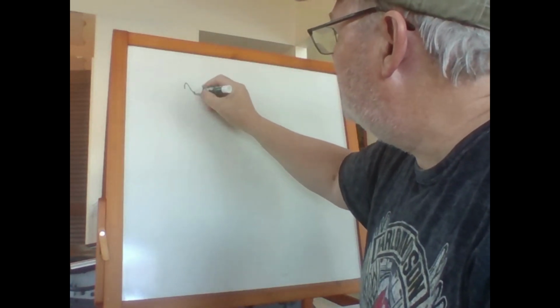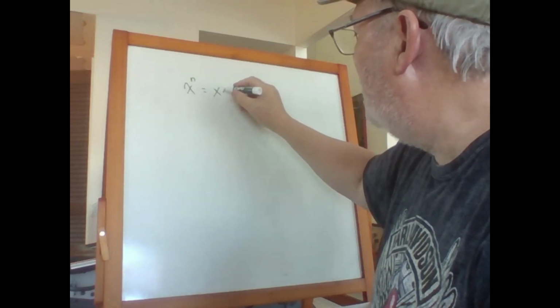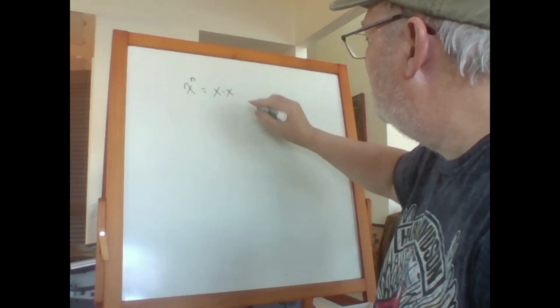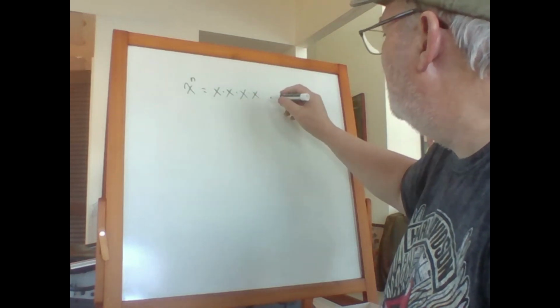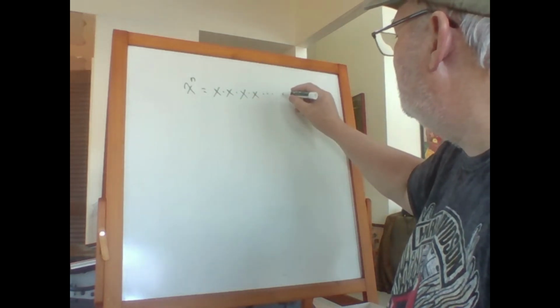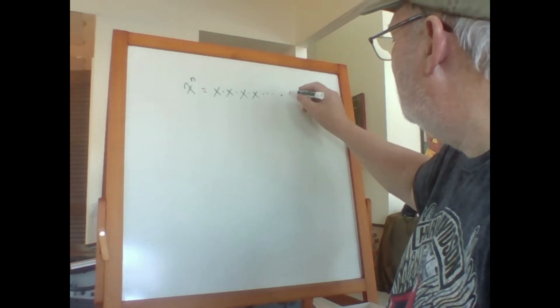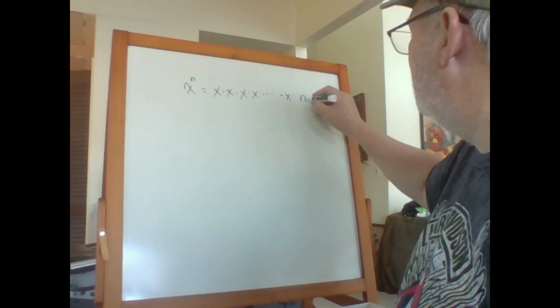So x to the n equals x times x times x dot dot dot times x, n times.